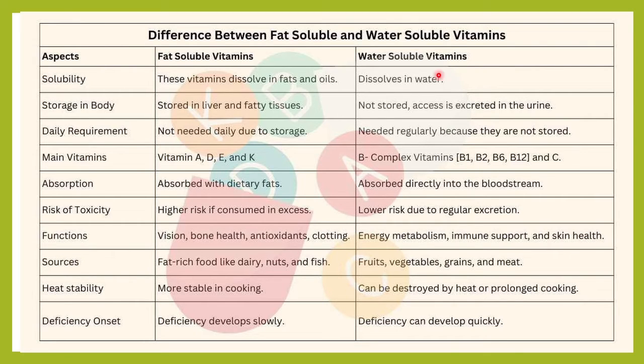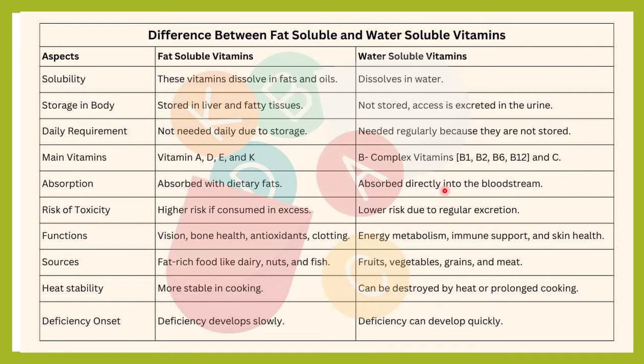Whereas your B complex vitamins, because they are water soluble, are directly absorbed into the bloodstream, and the risk of toxicity of B complex is usually low because they are regularly excreted in the urine.